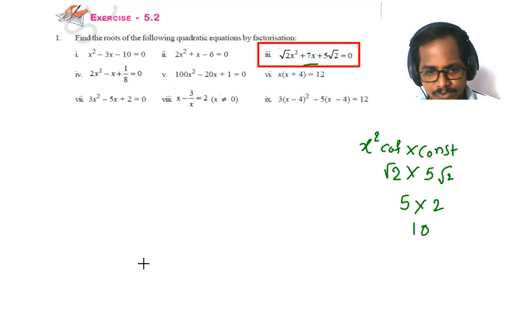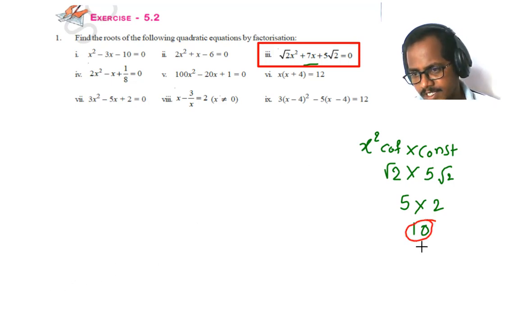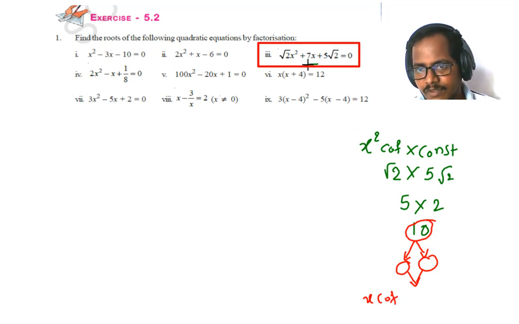Now we need to take a pair of factors for 10 such that the sum of those two factors must be equal to the x coefficient. Here the x coefficient is 7. So the factors which we take must sum to 7, and the product of these two numbers must be 10.